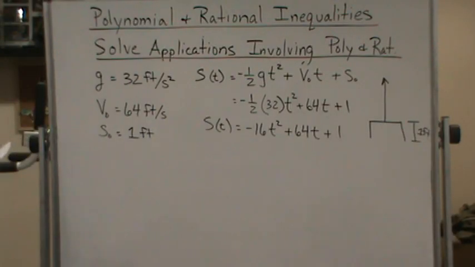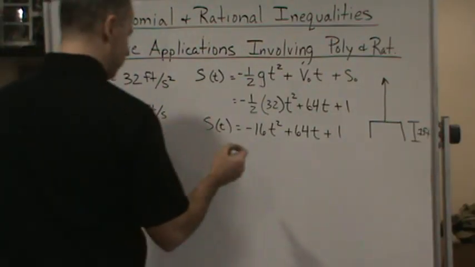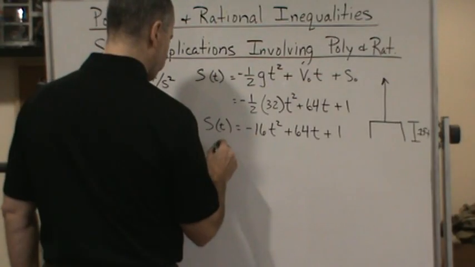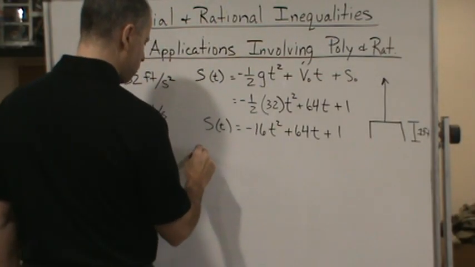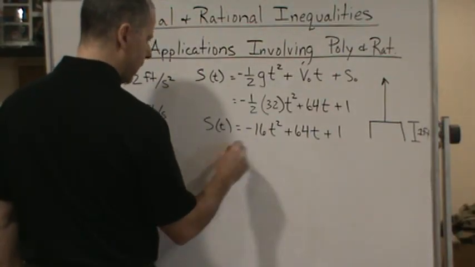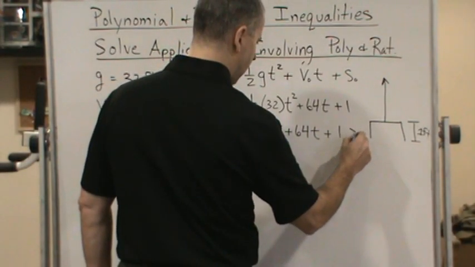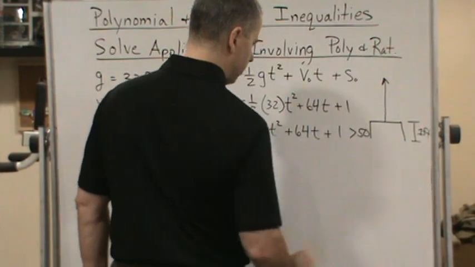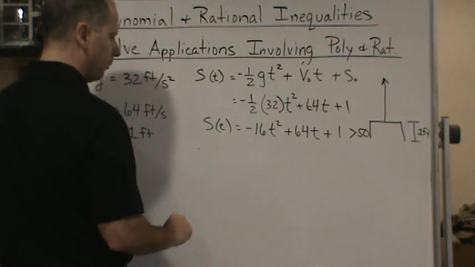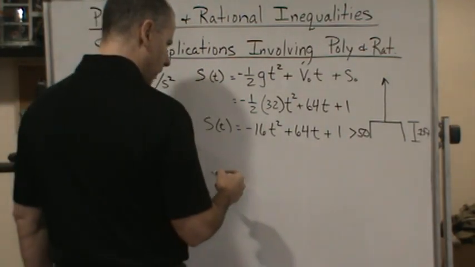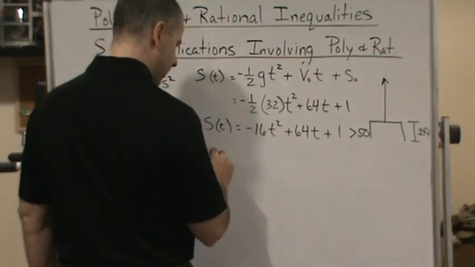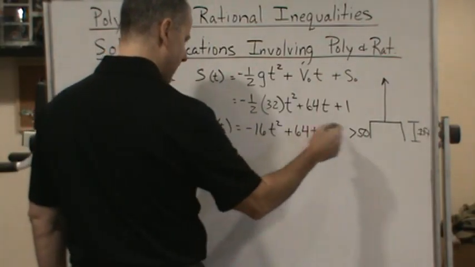Now, what they want is to determine the times when the rocket is above 50 feet above ground. We can use this model to do that. So we want to know when this is above 50. So it's an inequality, but we're going to set it equal and solve this polynomial as an equation.